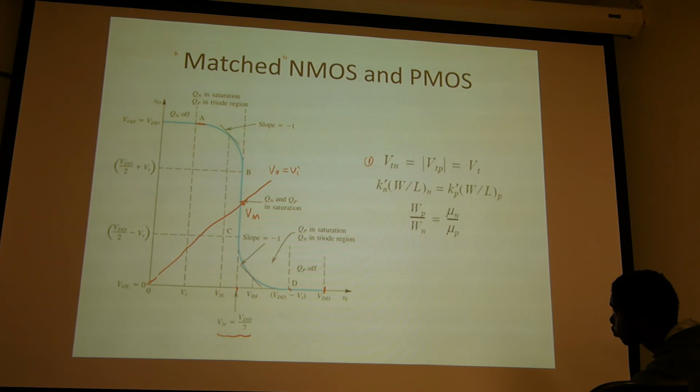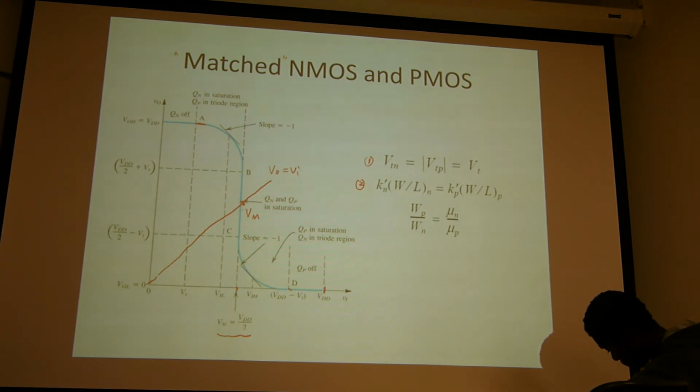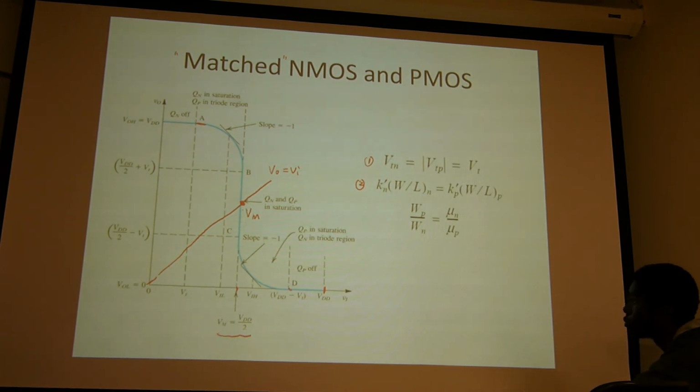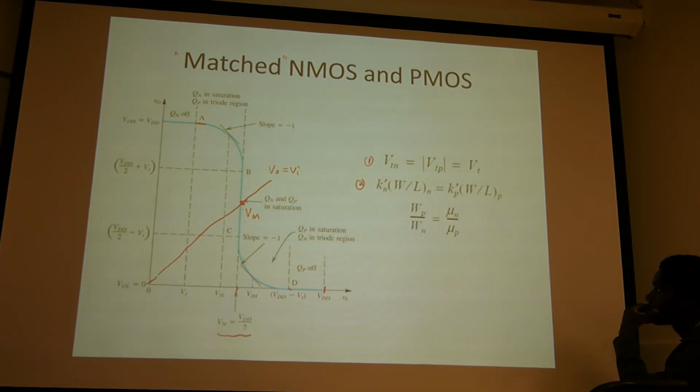And secondly, you need to satisfy this condition. You want at this Vm point, the NMOS and PMOS currents to be the same. Or let's say the conductance of the NMOS and PMOS are the same.